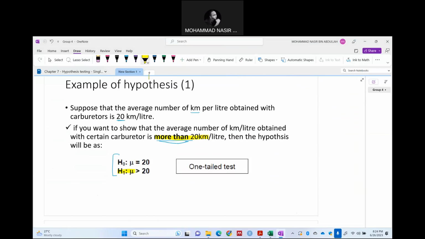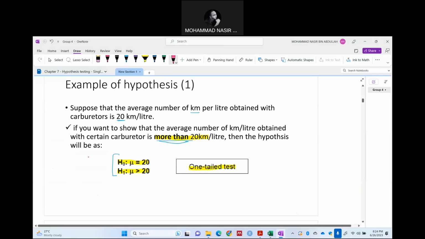So it should be on the alternative hypothesis, and the null hypothesis is mu equal to 20. So this is what we call a one-tail test. To determine whether it is a one-tail test or two-tail test, we just look at the alternative hypothesis.